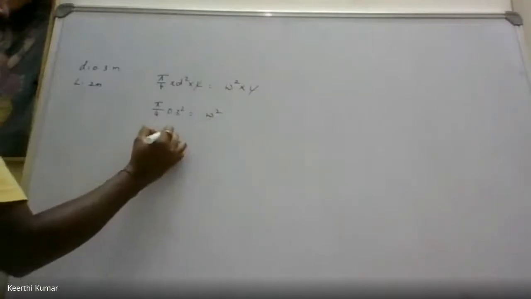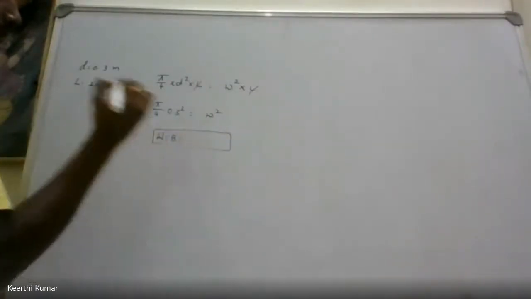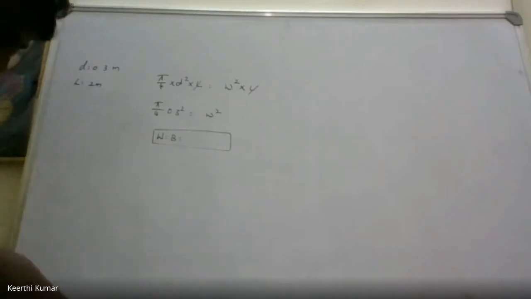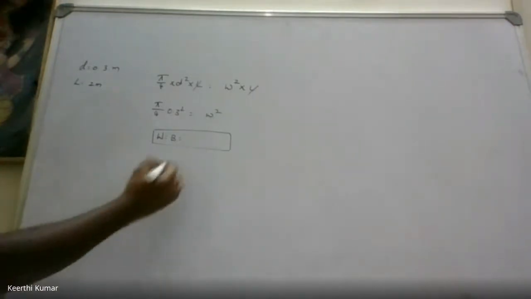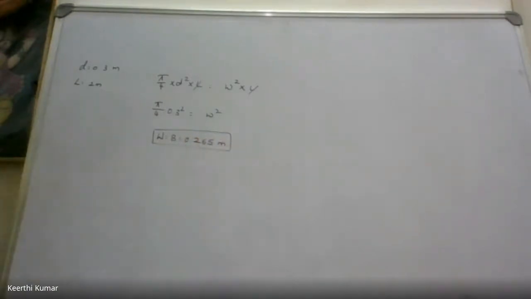So take out the width. Width or breadth of the material is pi by 4 into 0.3 square, root of the answer, which is 0.265 meters. I got this as the answer for the width of the material.